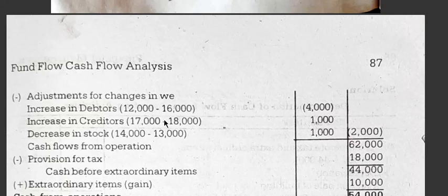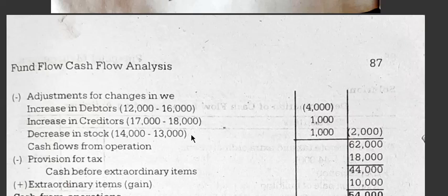Do you remember the fund flow statement? There we did the statement of changes in working capital. If there is an increase in current assets, it results in an increase in working capital. If there is a decrease in current assets, it results in a decrease in working capital. Current liabilities are just the opposite.